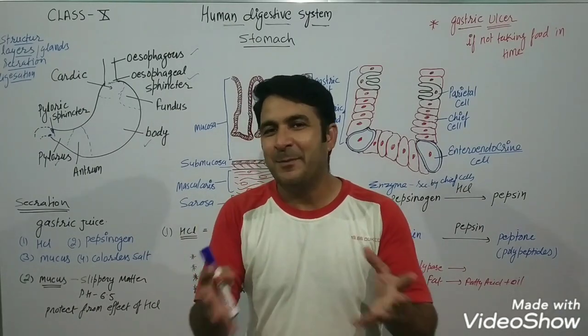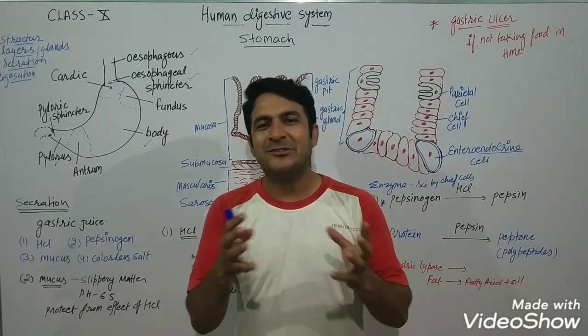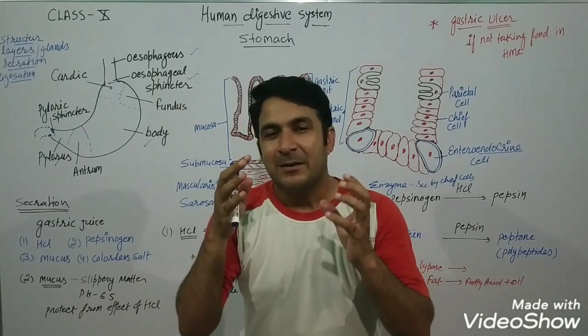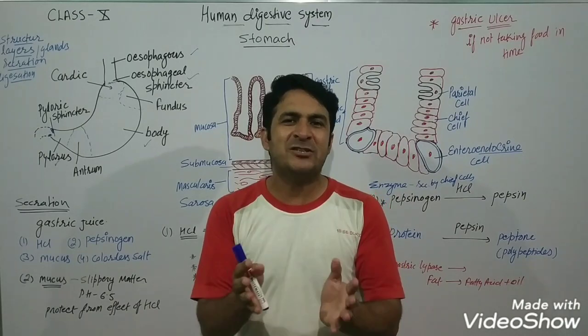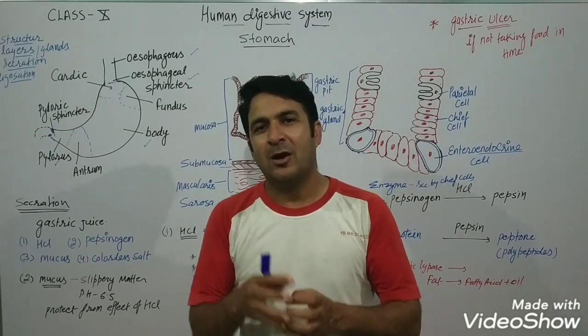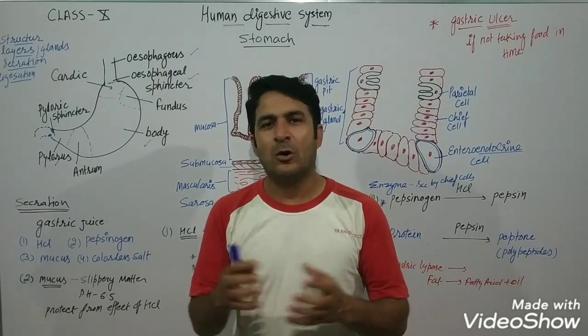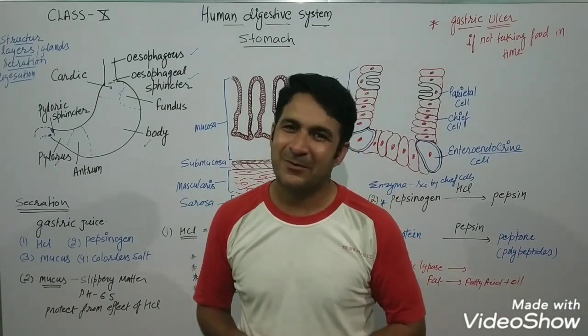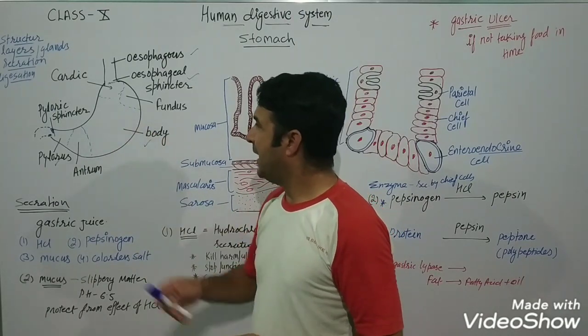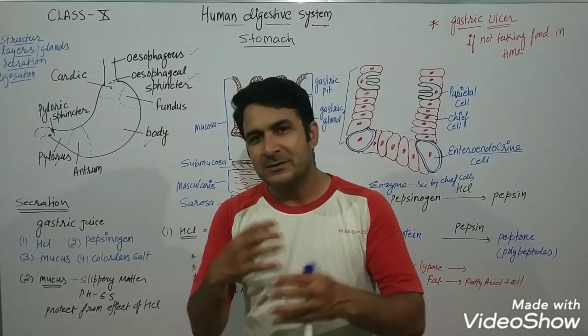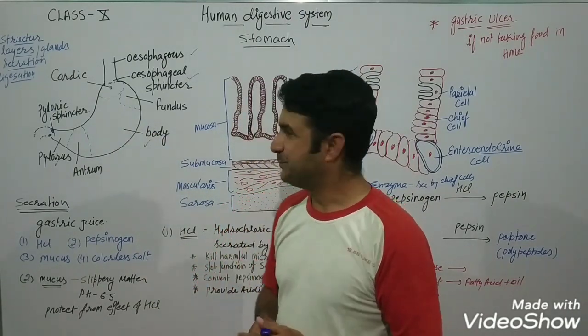Okay, what is chyme? Chyme is a very thin, paste-like material of the food when the food is mixed with all the material of gastric juices, right? So this happens here in the body, and the bolus converts into chyme here.